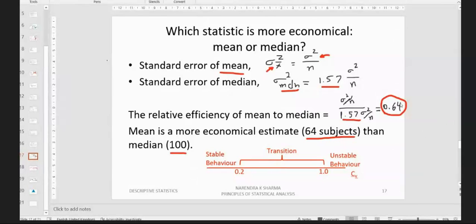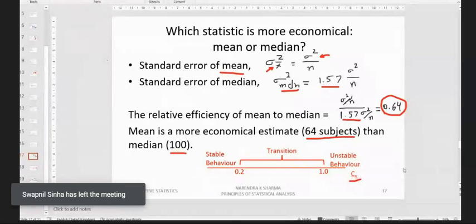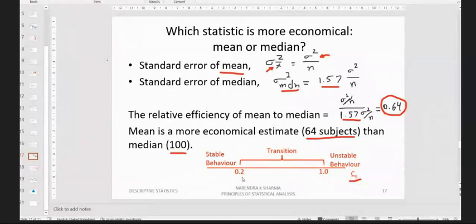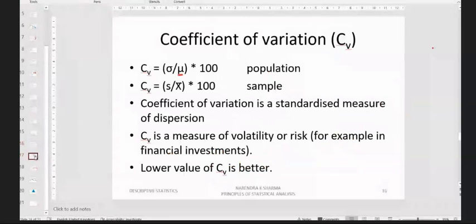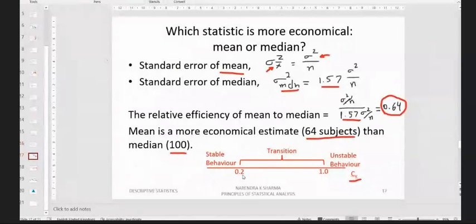What about the absolute value of CV? I can plot this absolute value of CV on a straight line, and if the CV is less than 0.2, then it represents a stable behavior. So smaller the CV, better it is.